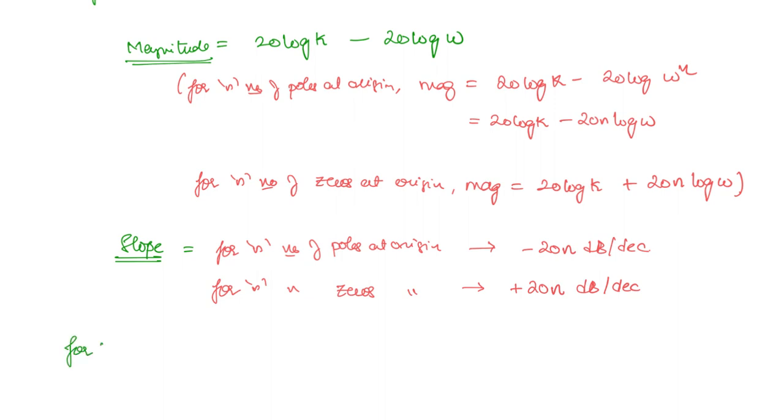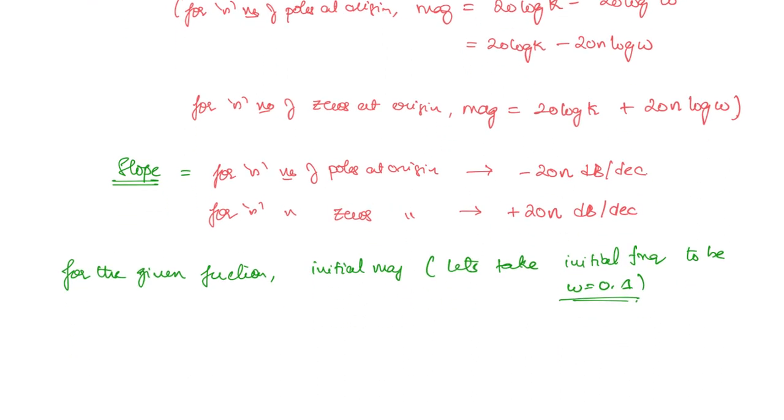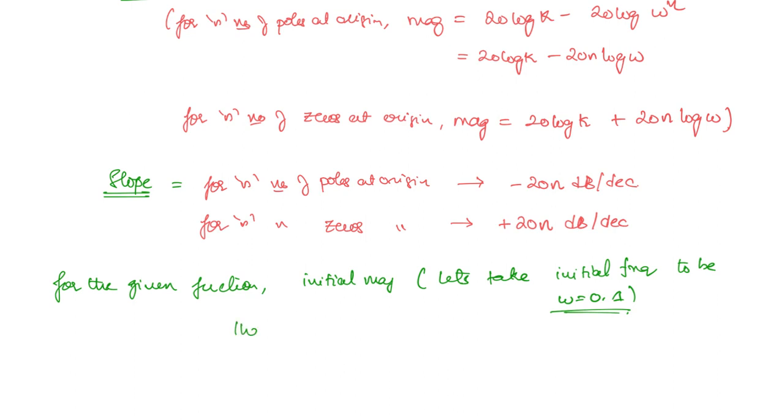So for the given function, the initial magnitude, let's take the initial frequency to be 0.1. You always have to pay attention to what the initial frequency being taken is. Then the magnitude is going to be equal to 20 log k.